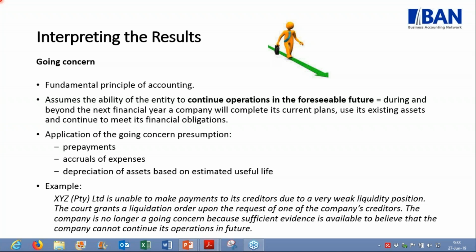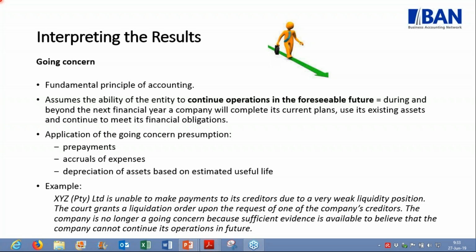So on the going concern basis, in your financial statements, you can actually then create or apply certain principles. So for example, prepayments. If you pay an expense now, but it'll only really become an actual expense next year, so it's a prepayment for something, you can recognize that in your financial statements, and then when the expense actually occurs or is incurred, you can write it off against your prepayment.